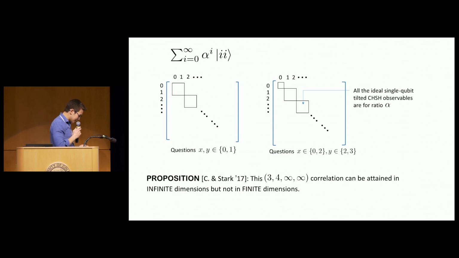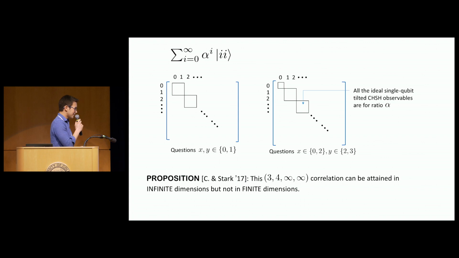And this is a result from a previous work with Jalex. This 3,4-infinity,infinity correlation can be attained in infinite dimensions. This is the strategy that attains it, but it cannot be attained in finite dimensions. So you might be wondering whether this already gives us separation of CQ and CQS.